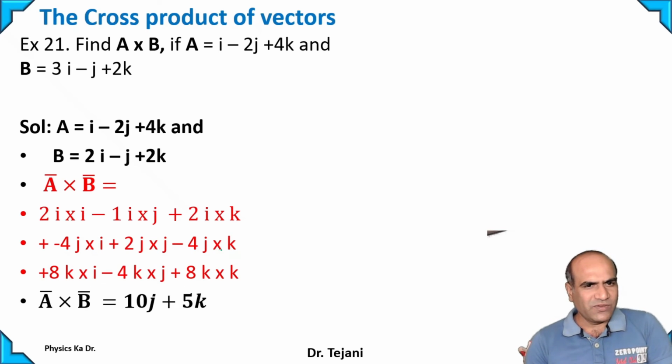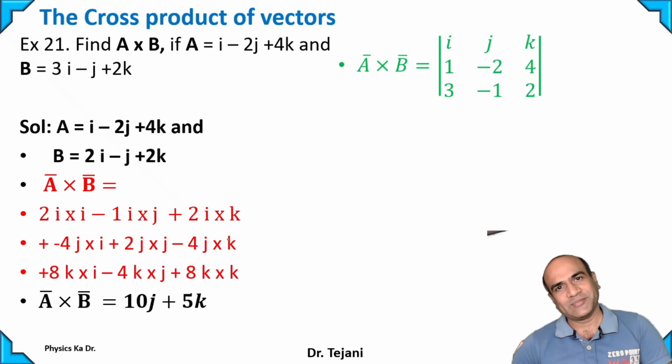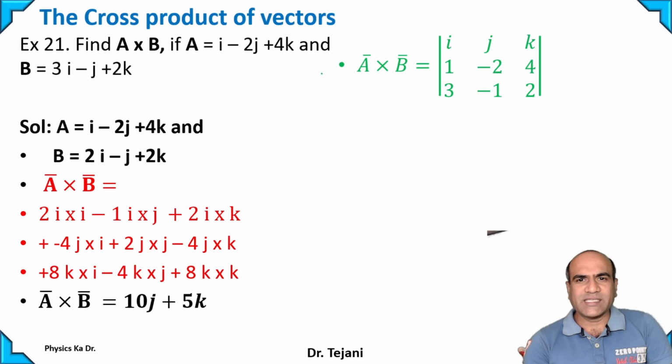Seems difficult, yeah, it is taking too much time. So go for the determinant. The determinant is very simple to represent this equation, and you should go for it for a simple solution. Suppose A cross B is given, so what should we do?